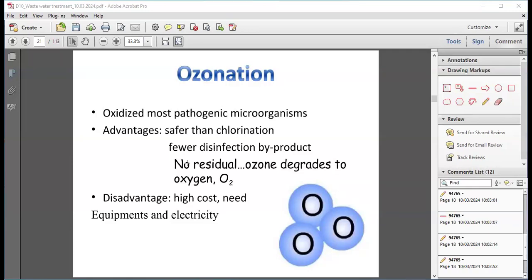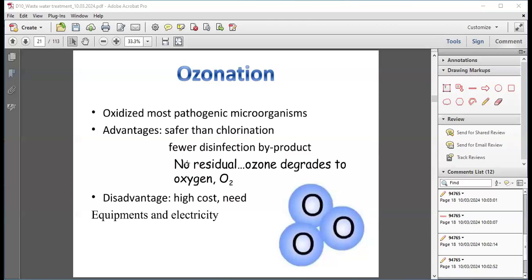I heard that in the tube train in the UK and other European countries, they use ozonation for disinfection in underground drains. It oxidizes most pathogens and agrochemicals.